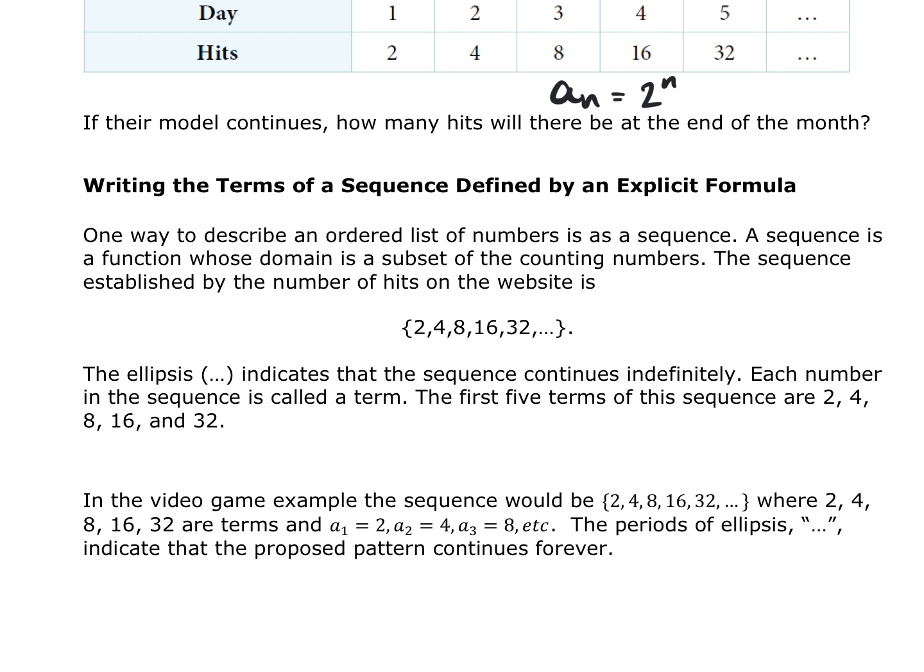The first 5 terms of the sequence are 2, 4, 8, 16, and 32. The way that we could note that is a sub 1 indicates the first term, and that's 2. A sub 2 represents the second term, or 4. A sub 3 represents the third term, or the number 8.